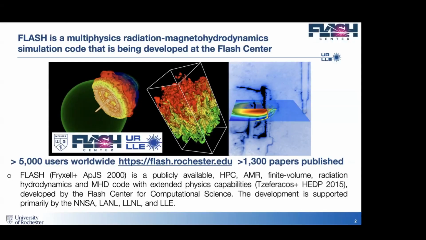The code has been applied from astrophysics to CFD to high energy density physics, and its continued development has been supported primarily by the National Nuclear Security Administration, Los Alamos National Laboratory, Lawrence Livermore National Lab, and the Laboratory for Laser Energetics.